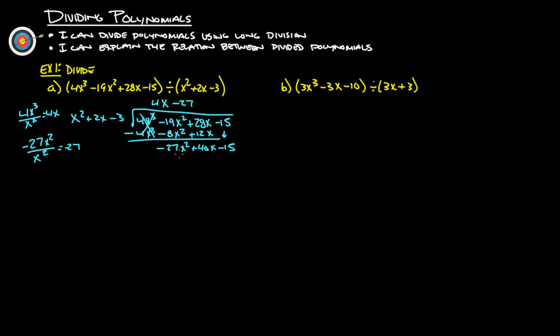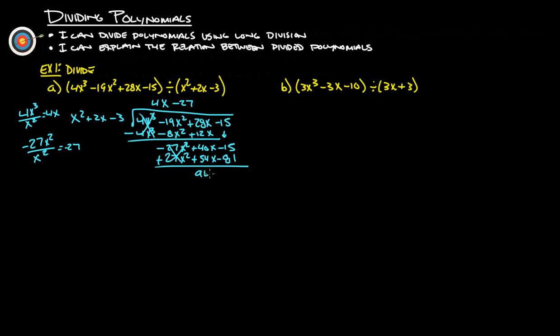So negative 27 times x squared is negative 27x squared. Negative 27 times 2 is negative, what's that going to give us, 54x. And then negative 27 times negative 3 is positive 81. And now we got to change all the signs, right? And then add these together, because those will drop out.